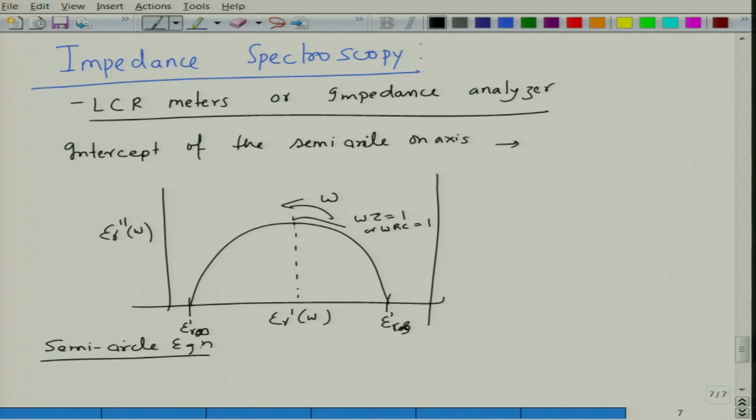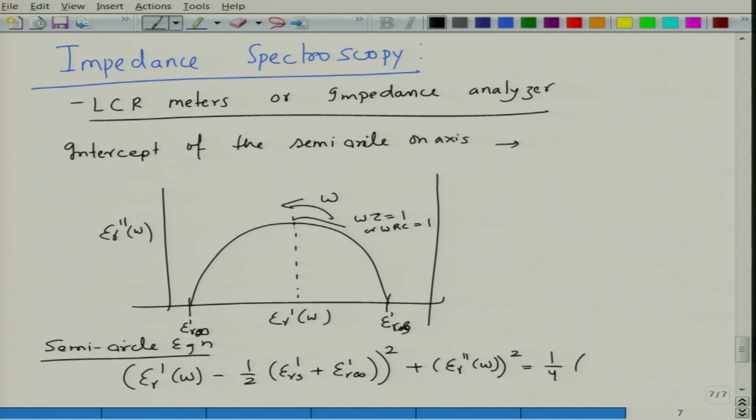So, the semicircle equation would be... These plots are called by different names, Cole-Cole plots or Nyquist plots and so on. The equation of the semicircle would be epsilon r prime omega minus half of epsilon r s prime plus epsilon r infinity prime, the whole thing squared, plus... Okay, this is the equation of a semicircle.